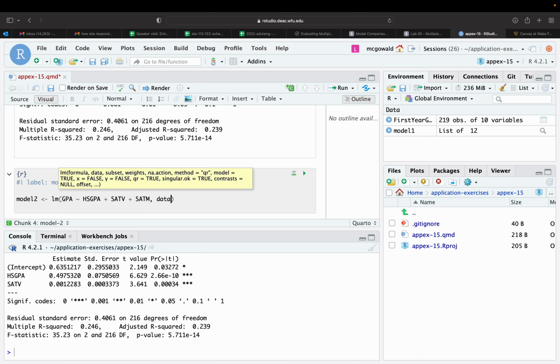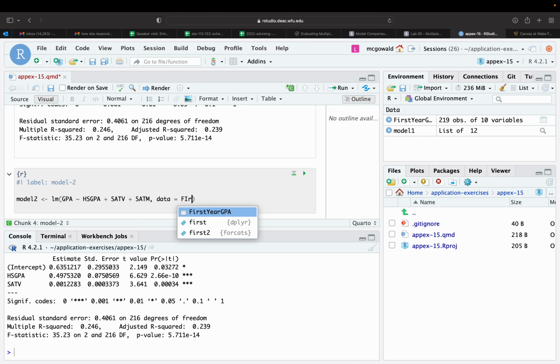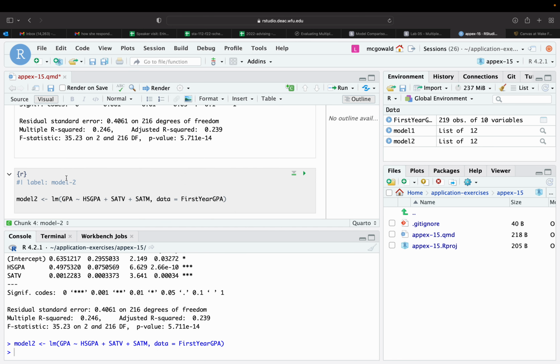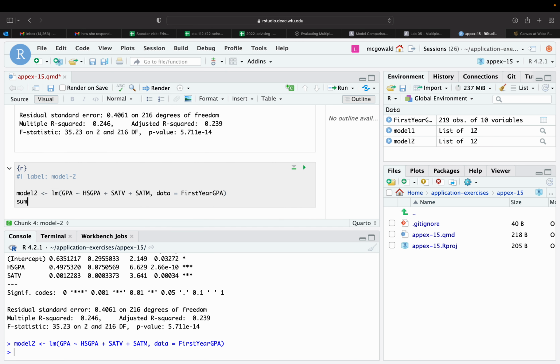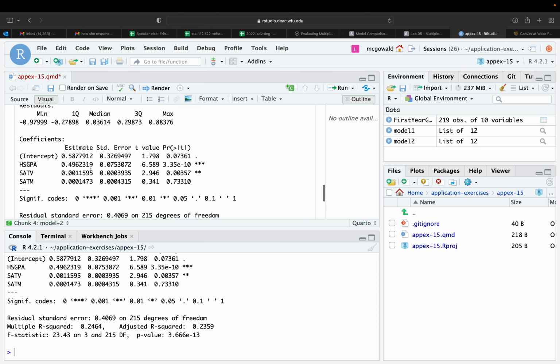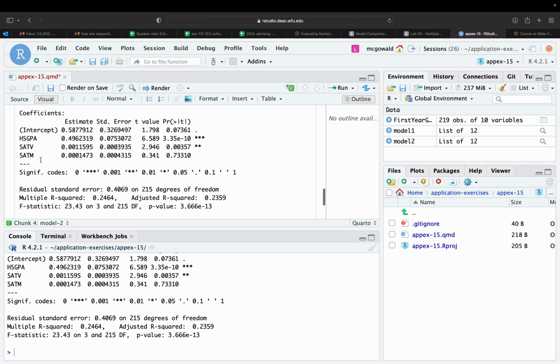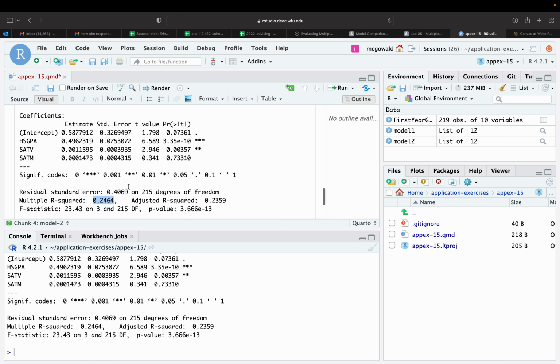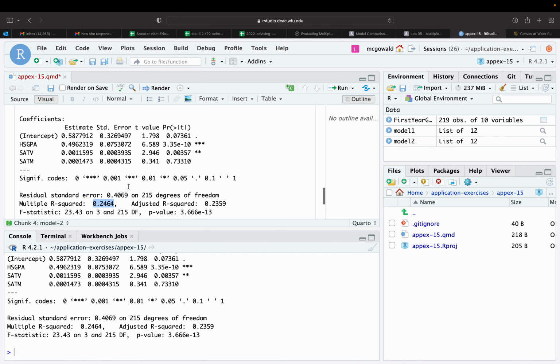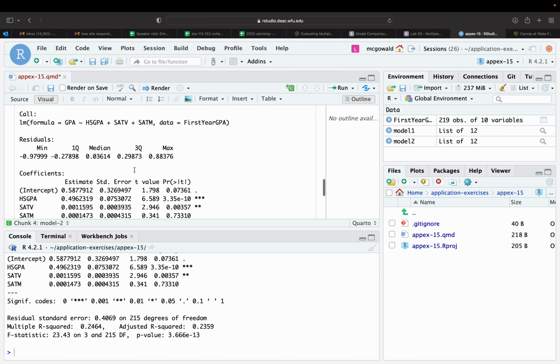Yeah, SAT for math. All right, and I can look at a summary of this. And looking at this, it suggests to me that it doesn't look like adding that SAT math really adds much to our multiple R squared. It doesn't look like we really add much by adding that, but we can also look at the F test to try to assess that in just a minute.